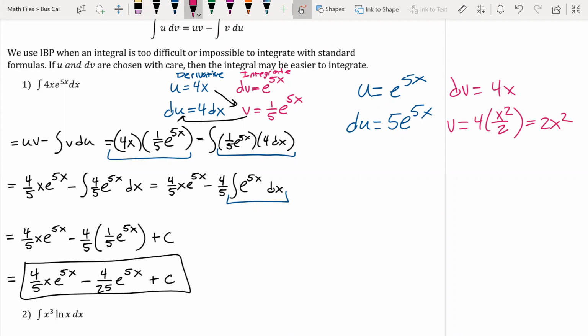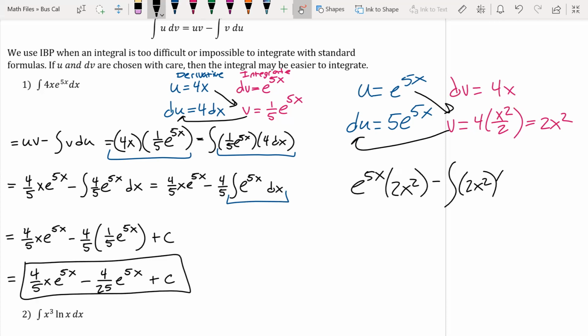So if you put this back into the integration by parts formula, you'd end up with uv, so e to the 5x times 2x squared, minus the integral of v du, and it'd be 2x squared 5e to the 5x dx.